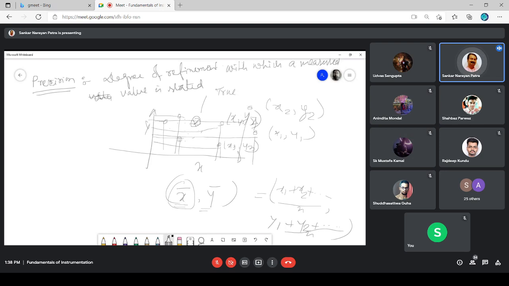Now check that the average value gets a position here. Most of the data is here, so the average value will be here. This was your true value, and this was your average value.